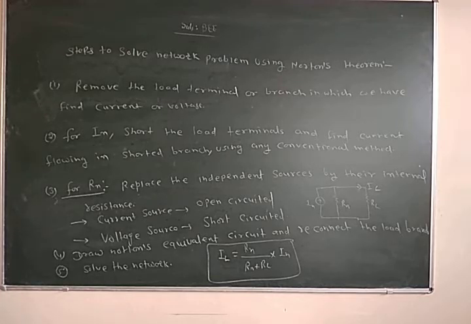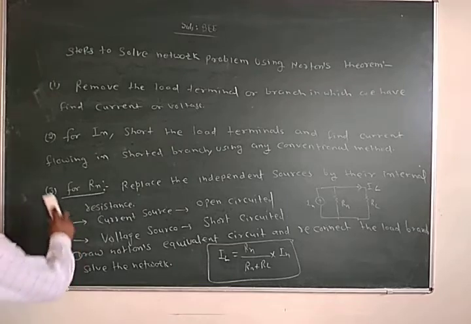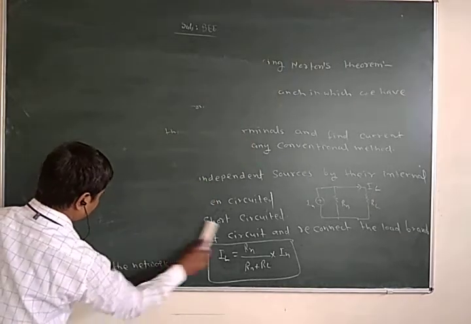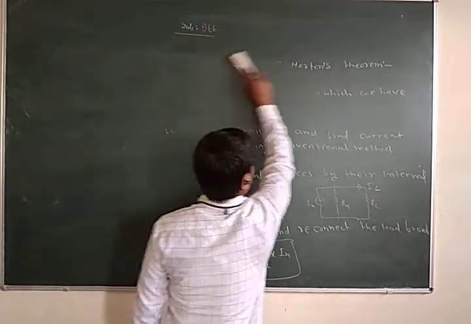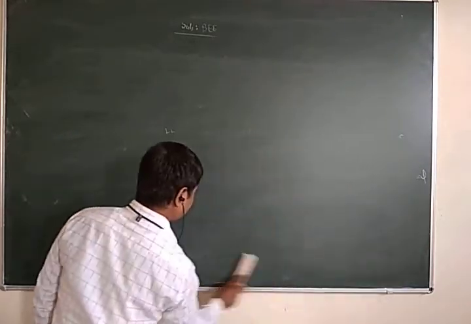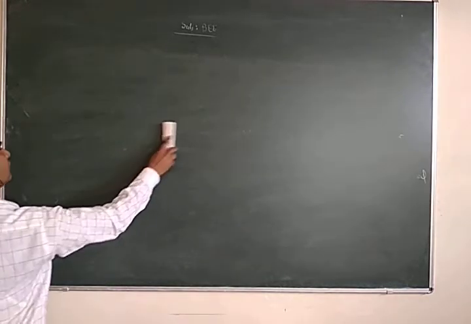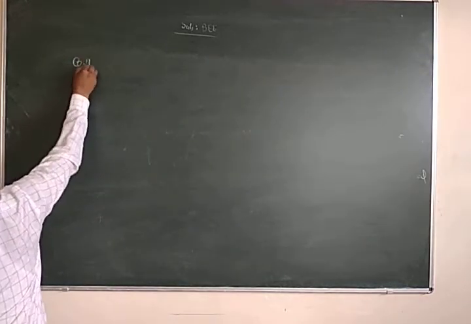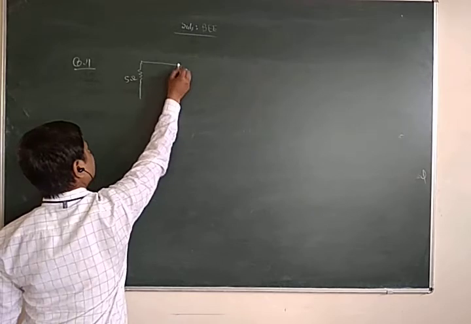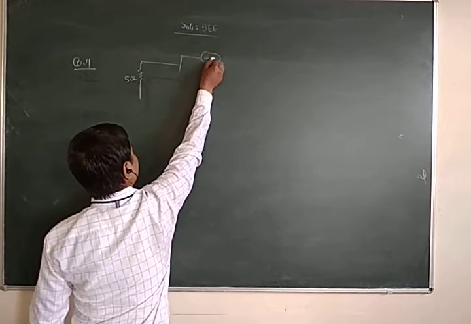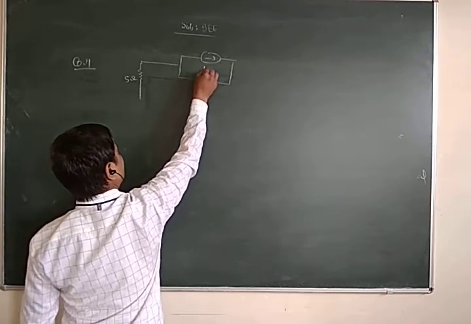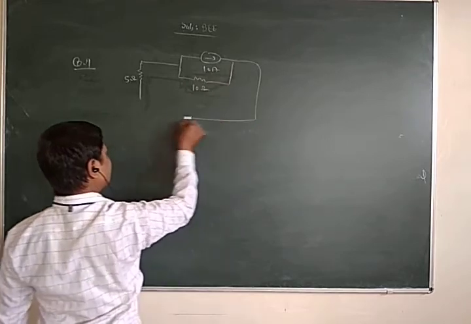Now we take a question. The question has a 5 ohm resistor, a 10 ampere source, and a 10 ohm resistor.